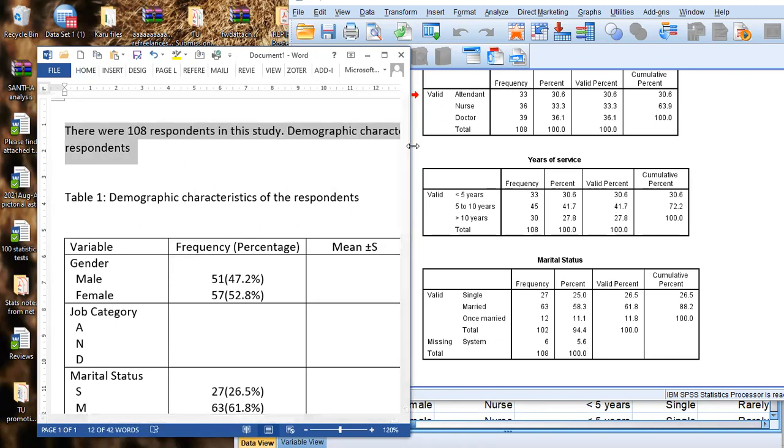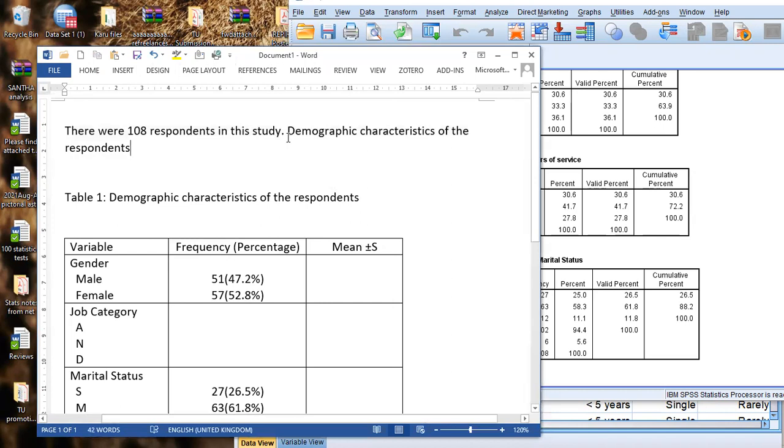Later, in the assignment, you must show me this table first. The demographic characteristics of the respondents are shown in Table 1. The chapter means 4.1, right? So I can put Table 1.